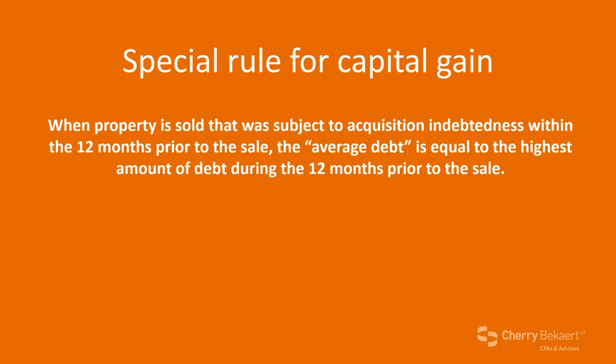So for this purpose, rather than using the average debt in the numerator, instead, what must be used is the highest amount of debt during the 12 months prior to the sale. And again, this is kind of like closing a loophole of paying off the debt right before the tax year begins and then selling it and then not having any average debt, but still really there was debt closely connected to the time frame of the property being sold.